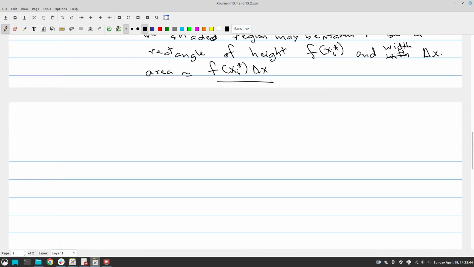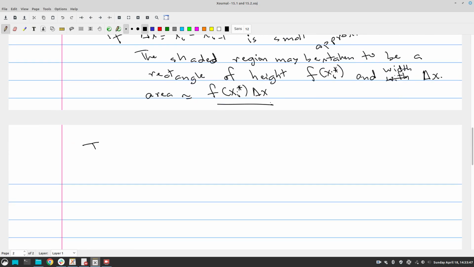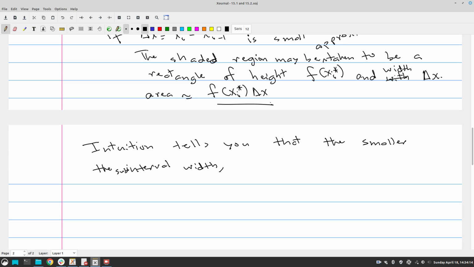Okay, so intuition tells you that the smaller the subinterval width, the better the approximation for the area. That's what intuition tells you.